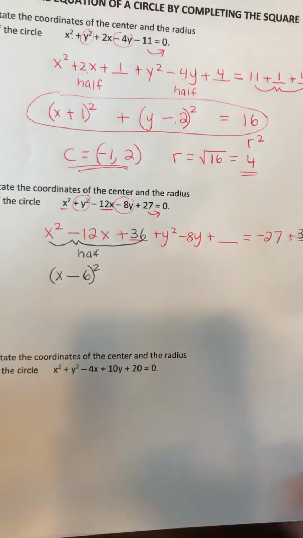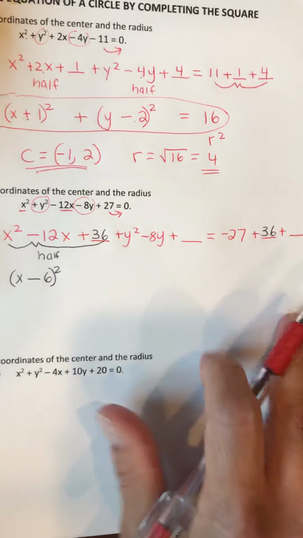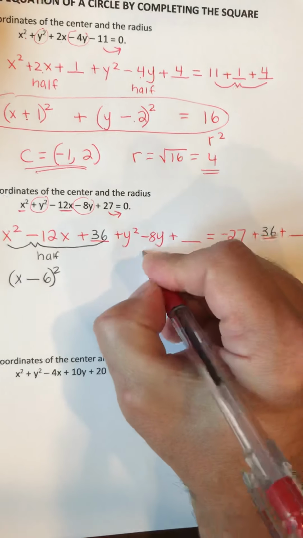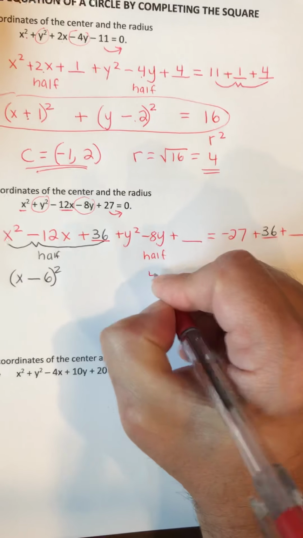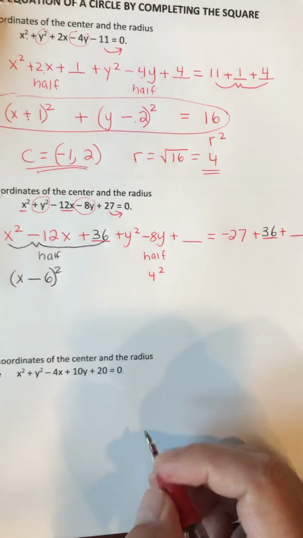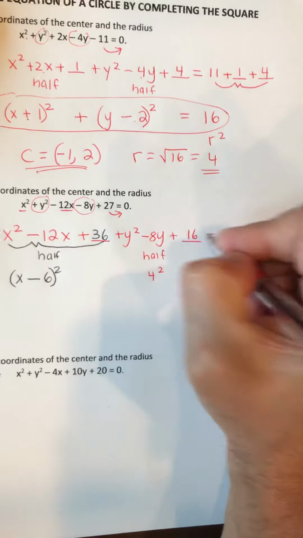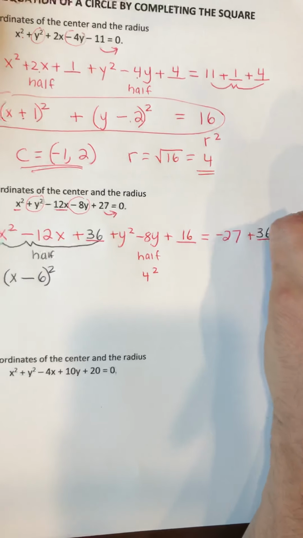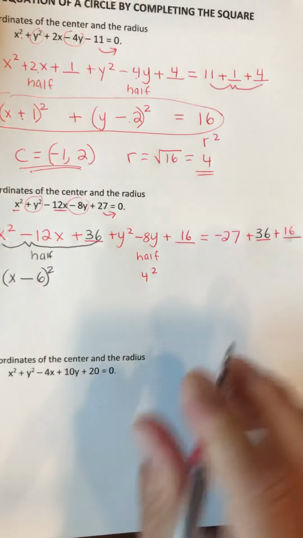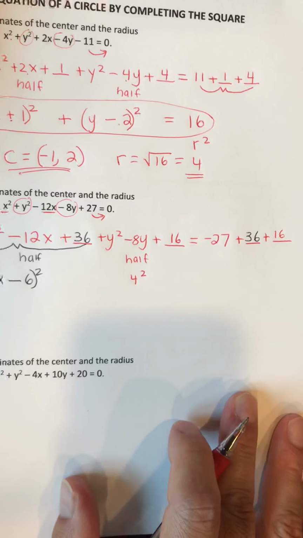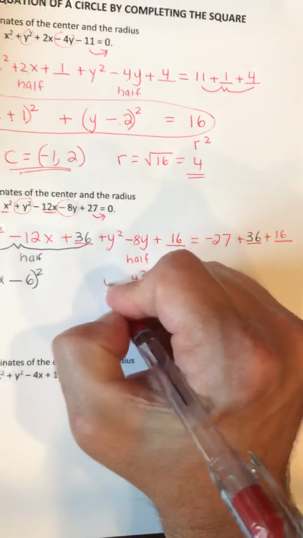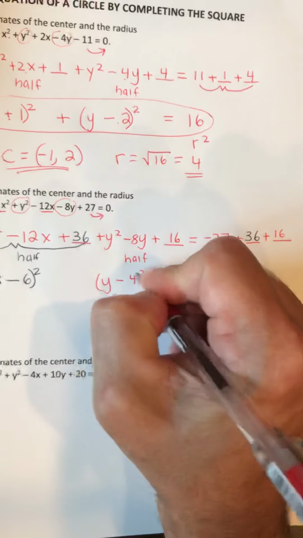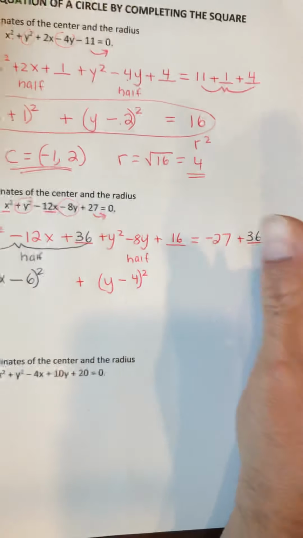All right, I'm going to do the same thing for the y. Half of 8 is 4. We're going to square that. That's going to be 16. And we're going to add that 16 to both sides. Bring down the y, bring down the minus, put it in parentheses, bring the plus down in between.